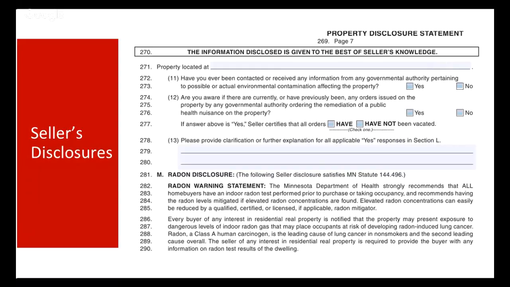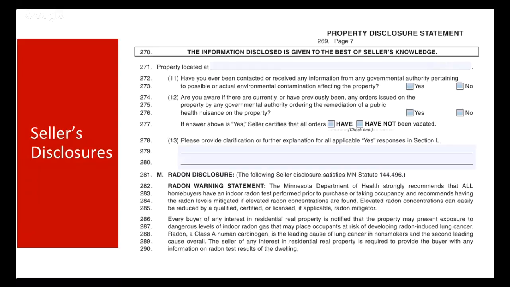Every buyer of any interest in residential real property is notified that the property may present exposure to dangerous levels of indoor radon gas that may place occupants at risk of developing radon-induced lung cancer. Second leading cause of lung cancer is radon, just behind smoking. Radon, a class A human carcinogen, is the leading cause of lung cancer in non-smokers and the second leading cause overall.